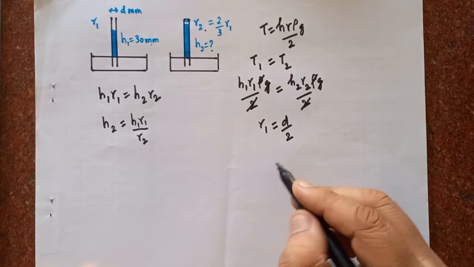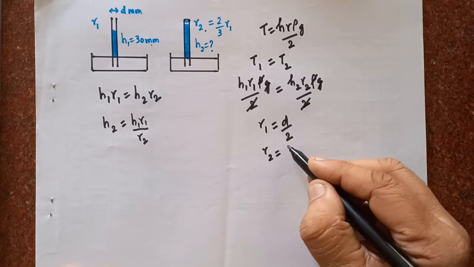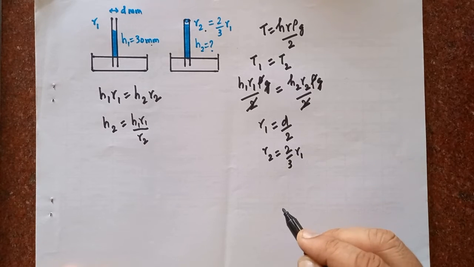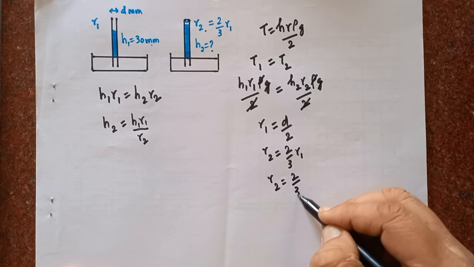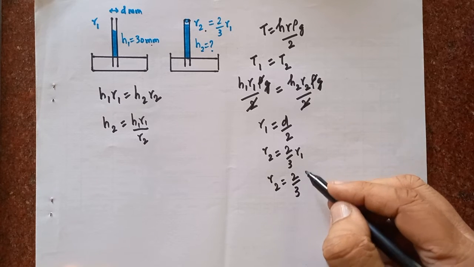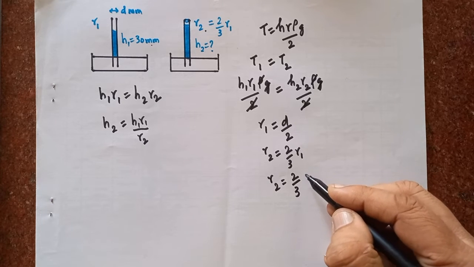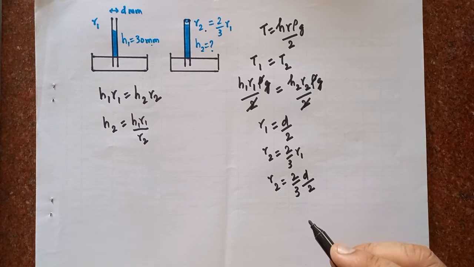What is the other clue given? R2 is 2/3 of R1. Therefore R2 will be equal to 2/3 of R1, and R1 is D by 2. So instead of R1 we can write D by 2.